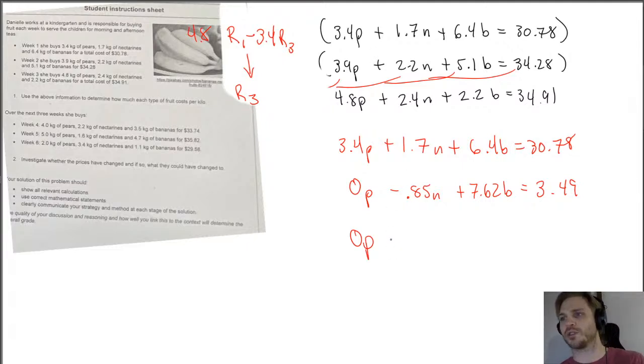And okay, so this is where you got, I think you mentioned this, 4.8 times 1.7 minus 3.4 times 2.4, so this eliminated as well, which honestly might be amazing. Let's see if we get rid of the other one. So 4.8 times 6.4 minus 3.4 times 2.2 is 23.24.